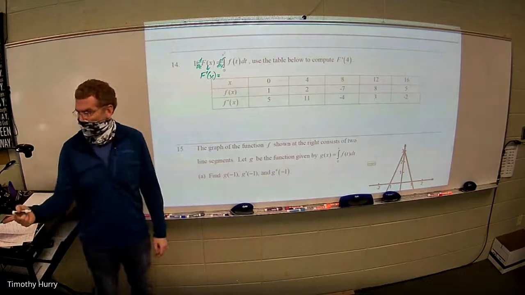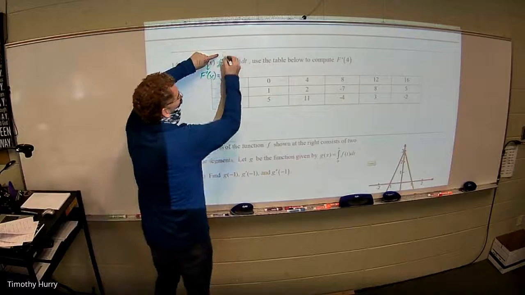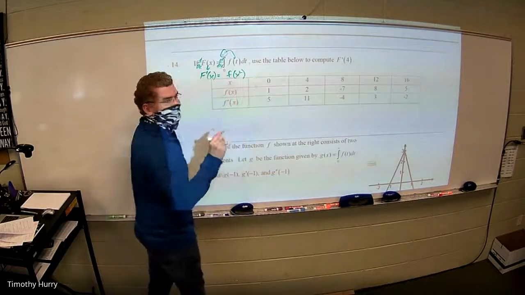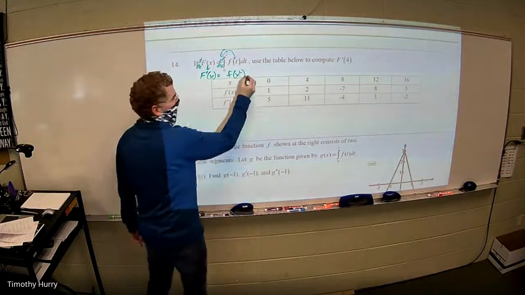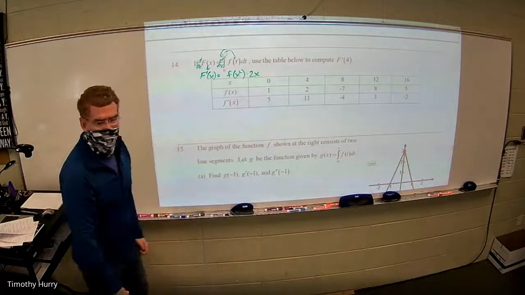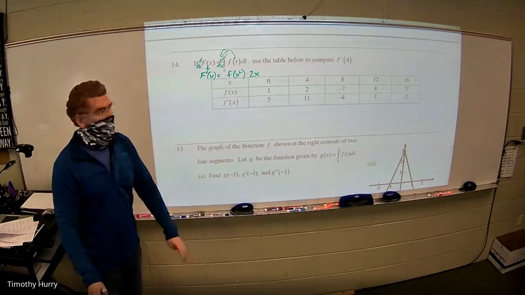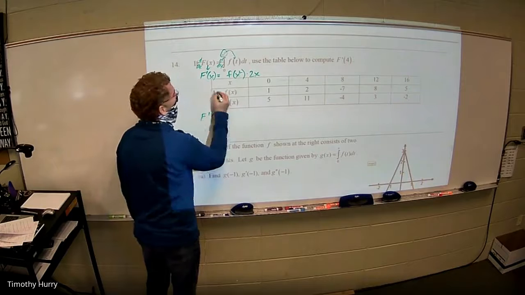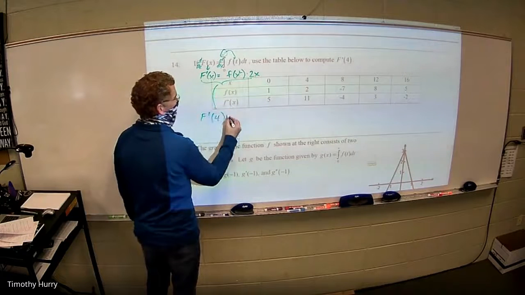Second fundamental theorem, right? So this is telling you to plug that in. F of x squared times what? 2x. Right? Correct. So for me to find f prime of 4, what am I doing?